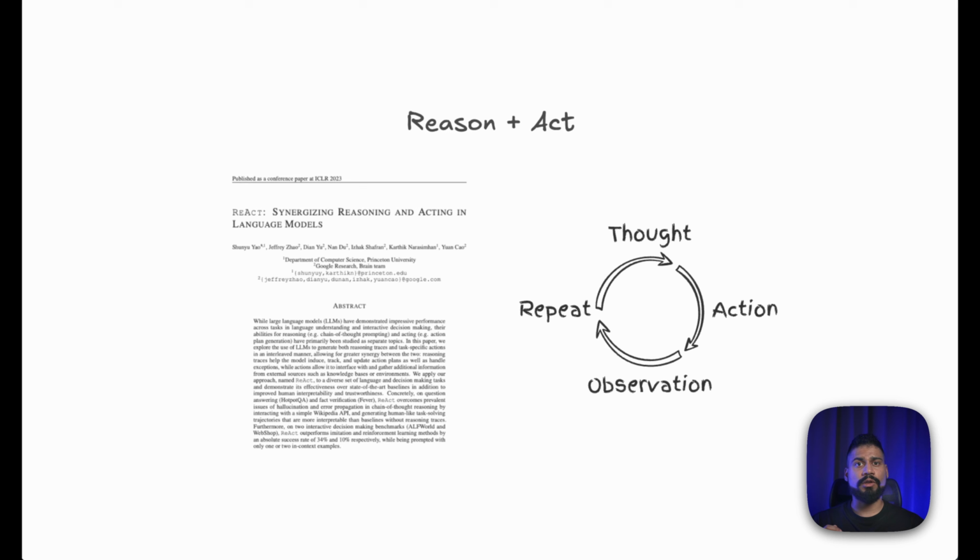Then you have an action step, where it does something like calls an API or searches the web or queries the memory. And finally, you have an observation step, where it checks what happened and decides what to do next. And then it loops. Think of it like if you were packing for a trip. You'd first have a thought: what's the weather? Then you take an action by checking the forecast.